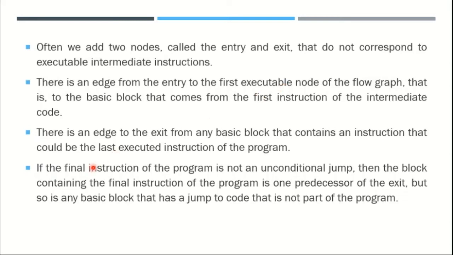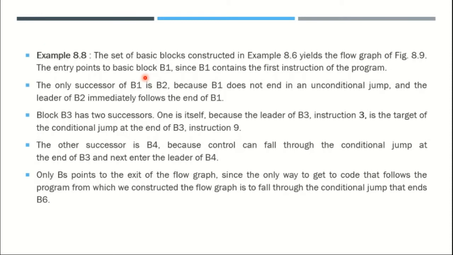Now we discuss how to construct the flow graph for the example program discussed above, the 10 by 10 identity matrix program. We already discussed how to divide that three address code representation into several basic blocks. Now we construct the flow graph for it.